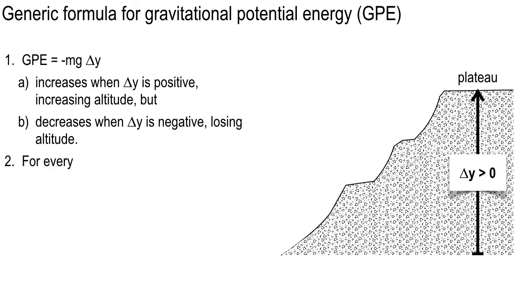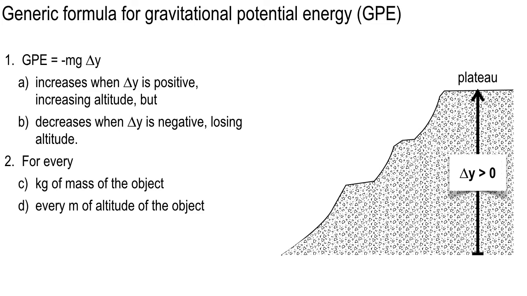Now, potential energy is a very, very special function, a very special concept. And it wasn't until about the 1800s or so, about 200 years ago, that we figured out, yeah, this whole idea of energy of position is pretty important. For every kilogram of mass and for every meter of altitude above your baseline, whatever that happens to be, the GPE is defined, some number of joules.